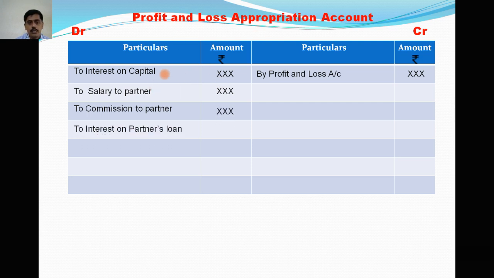Next, to interest on partner's loan. If partner has advanced some loan to the firm, the same should be recorded on the debit side of profit and loss appropriation account. Next, if there is interest on drawings, it should be credited to the profit and loss appropriation account. These are the usual items that appear in profit and loss appropriation account.